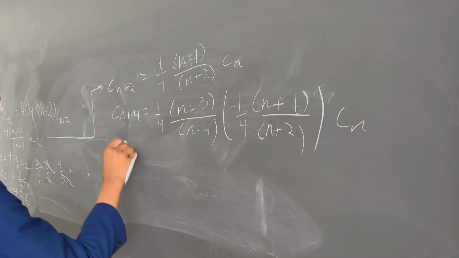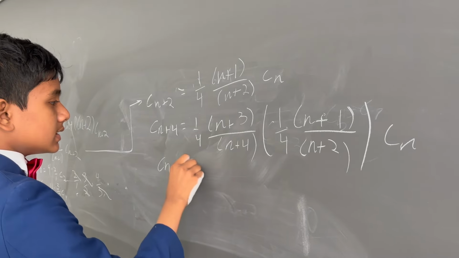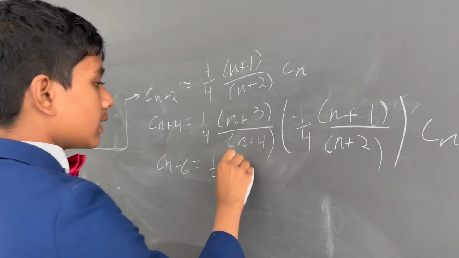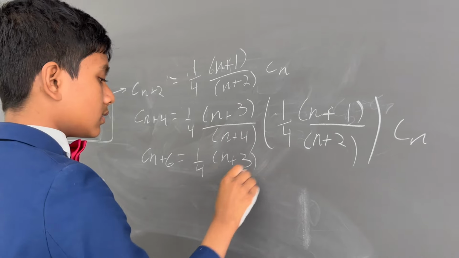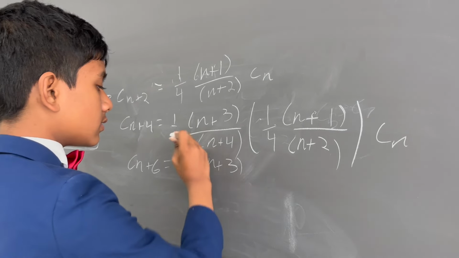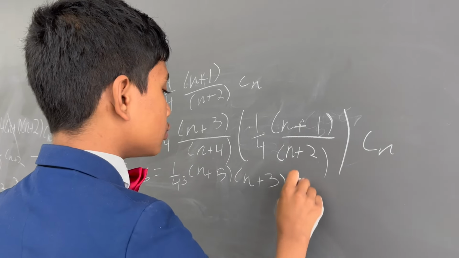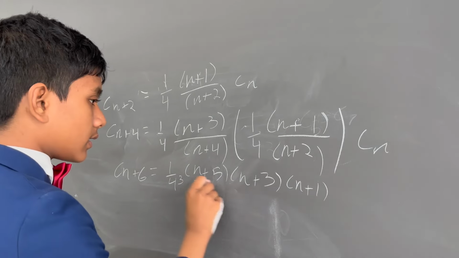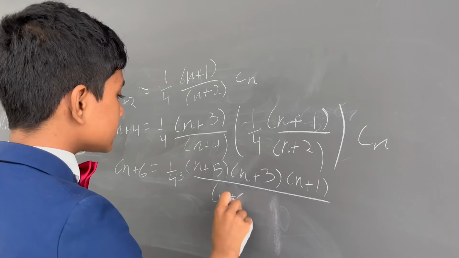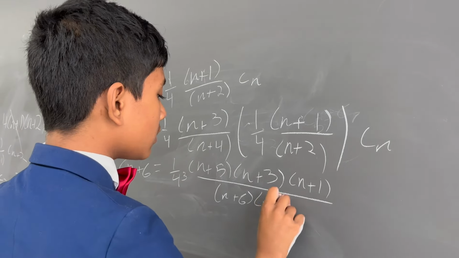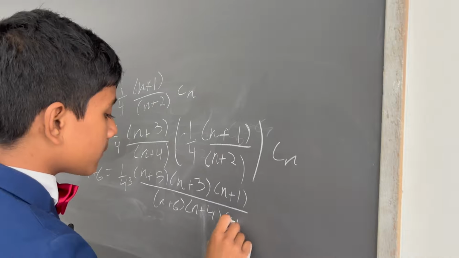Alright, and then Cn plus 6 is equal to 1 over 4 cubed times n plus 5 n plus 3 n plus 1 over n plus 6 n plus 4 n plus 2.